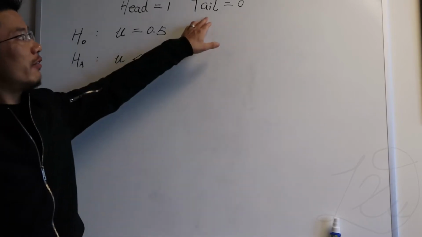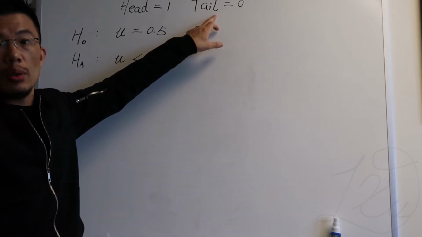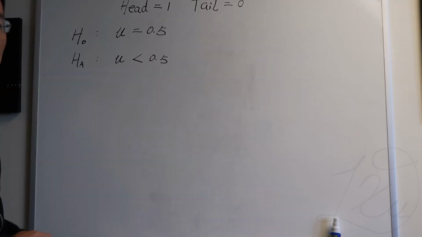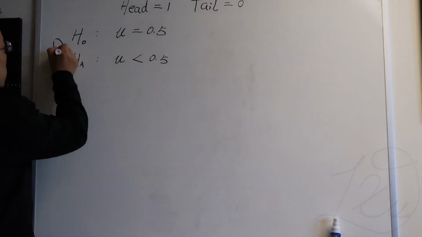The alternative hypothesis HA is mu less than 0.5, because if we have a lower chance of getting head, the result is going to be less than 0.5. So this is step 1.